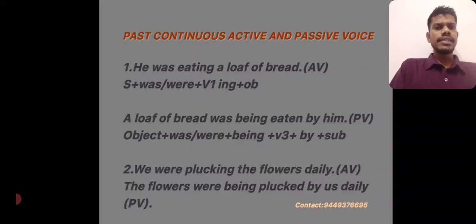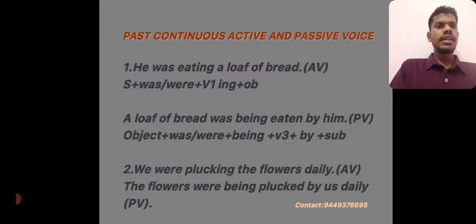In the second sentence you see, we were plucking the flowers daily. Just apply the first structure, that is subject, of course I used, then were plus V1 ing, then object. It is the structure for active voice. Then how to convert this active to passive form? We have to use the object as the subject in the passive form.